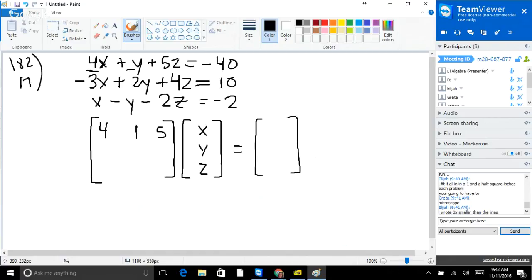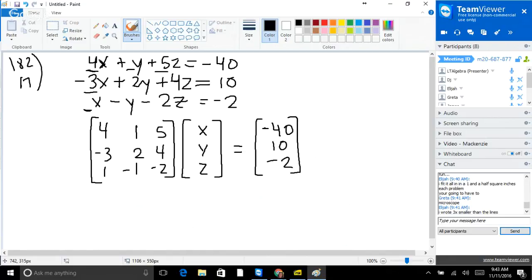My next row is negative 3, 2, and 4. My last row is 1, negative 1, negative 2. And it equals negative 40, 10, and negative 2.